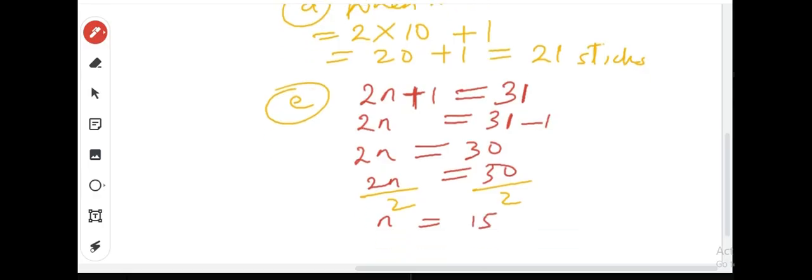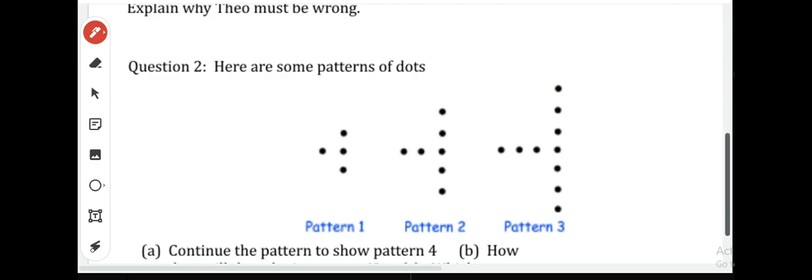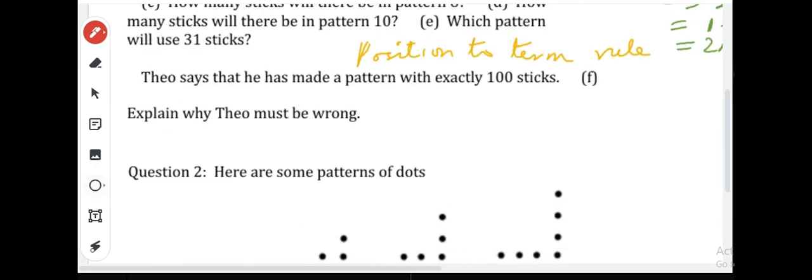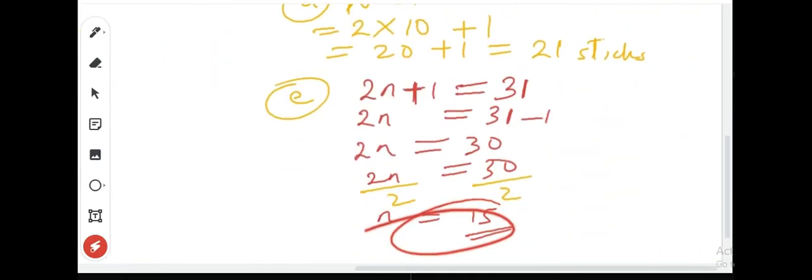So the answer is pattern 15. It is pattern 15 that will have 31 sticks.